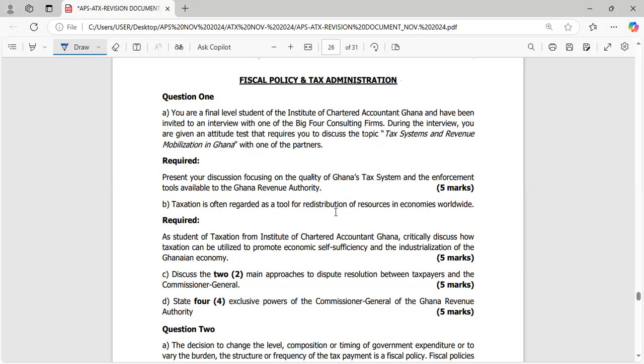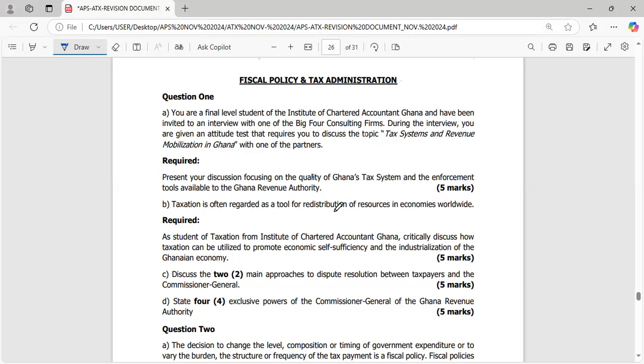So it should be simple, simplicity. There should be equity, there should be certainty, there should be convenience for payment, there should be economy. Then a good tax system should what? The cost of administering the tax system should not be more than the tax that will be generated. Those are the things they're asking you to write. It should be flexible, it should be productive.